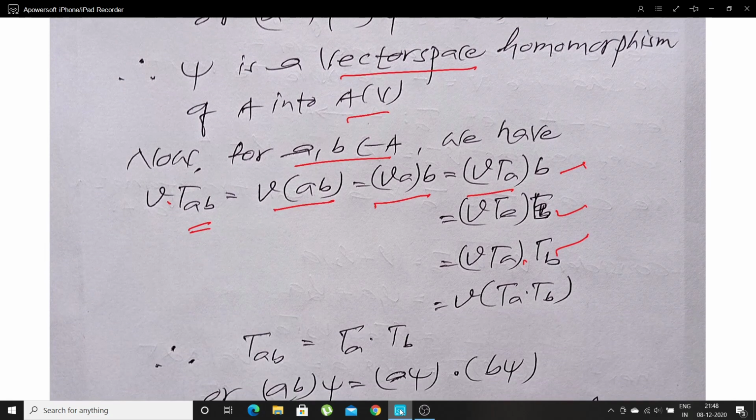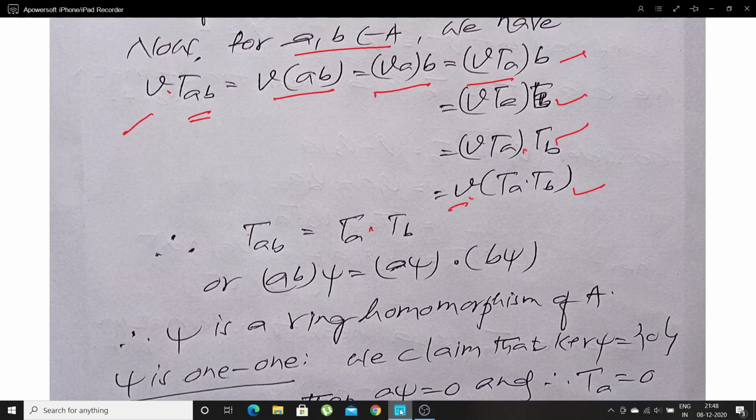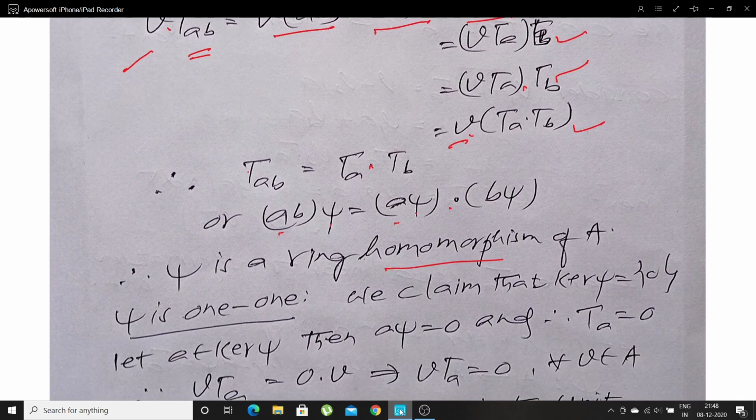Again, taking v outside, v dot T_a dot T_b. Since v is common on the left hand side as well, ignoring v, this can be written as T_ab is equal to T_a dot T_b, or in other words, (ab) psi equal to a psi dot b psi. What it indicates, clearly the new mapping is a homomorphism.